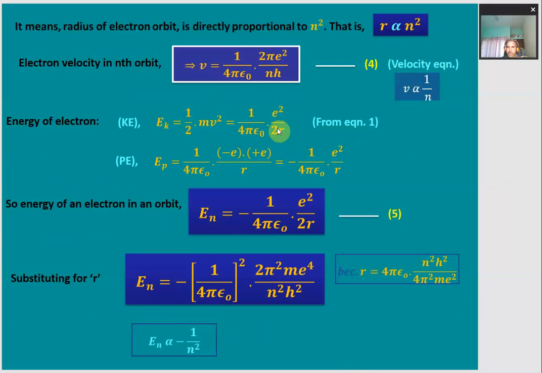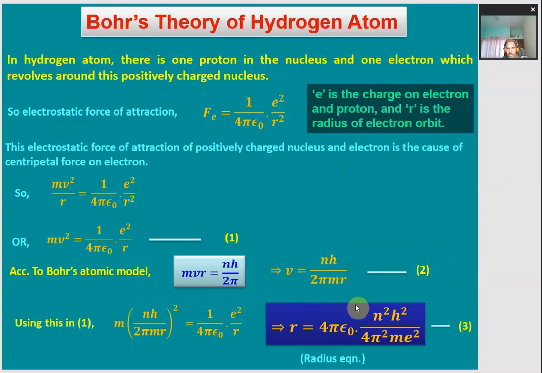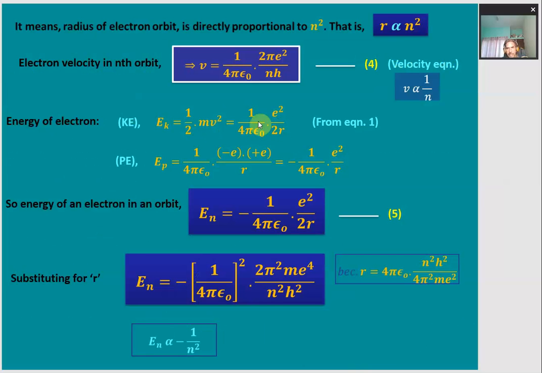We are not substituting for R here, so that kinetic energy is 1 upon 4 pi epsilon naught into e square upon 2R, as comes from substituting the value of v and making some calculation.